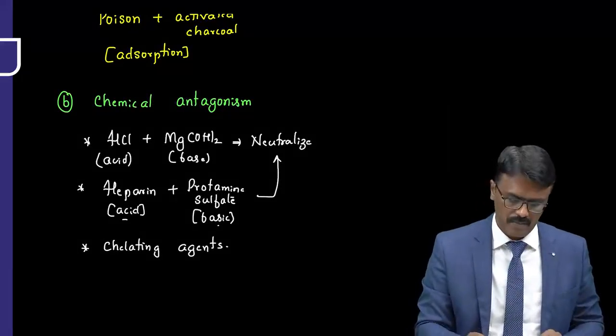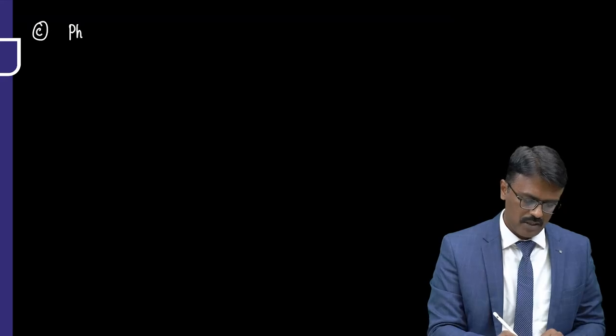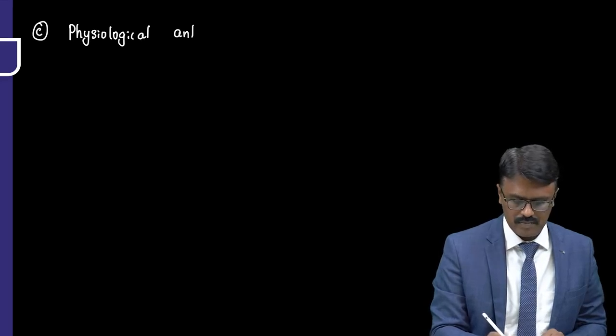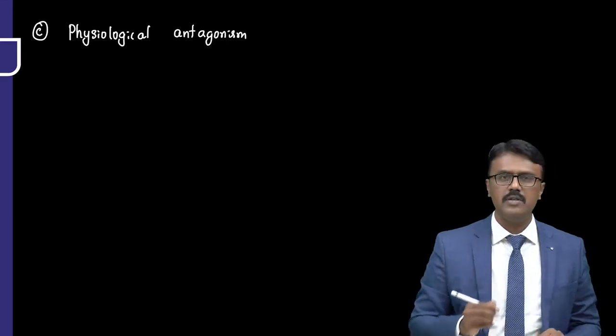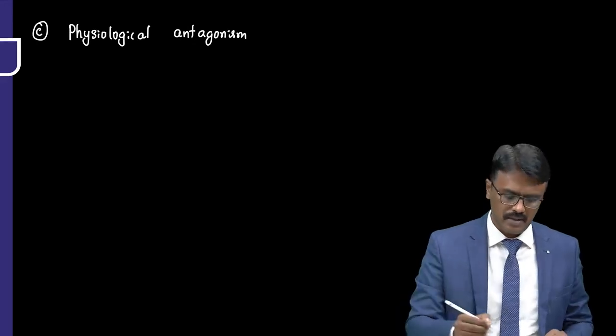What are the other types? The other type of antagonism is physiological antagonism. Sir, what do you mean by physiological antagonism? Let me take an example here. Let me draw the bronchus here.